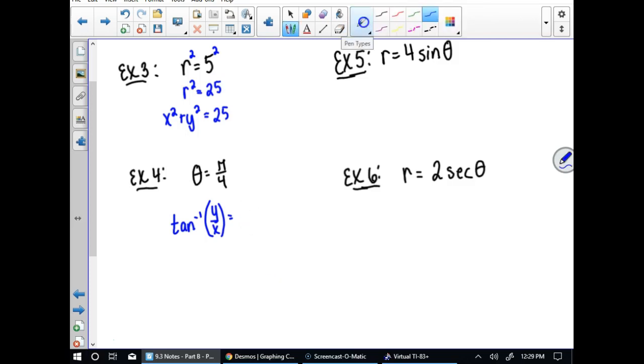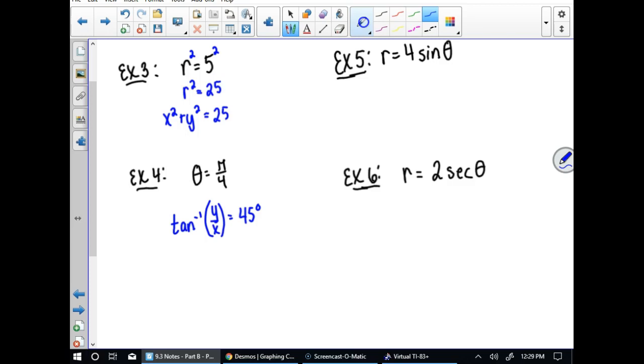So for right now, I could change my calculator to radian mode if I wanted, or we can use that unit circle that I gave you. What degree has the same value as pi over 4? 45. So let's just change it to 45 degrees so we don't have to worry about changing our calculator. So for right now, I would just change all radians to degrees and then work the problem out like we did with degrees.